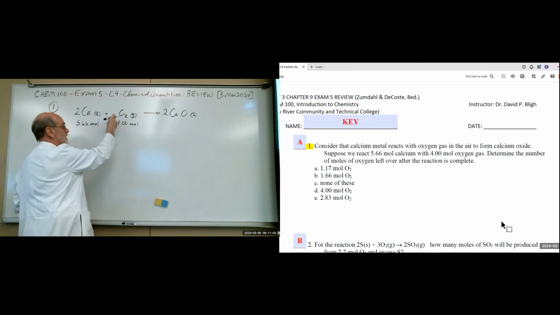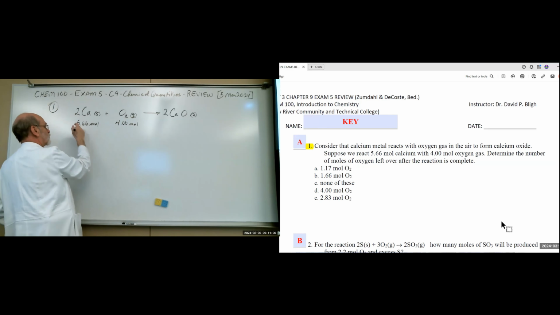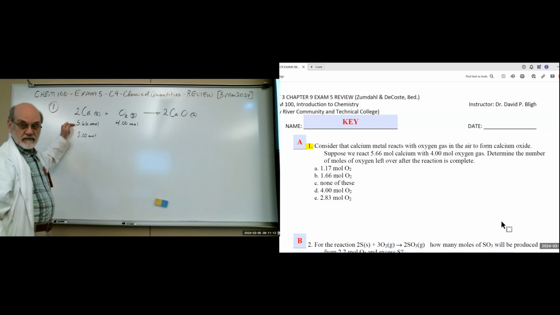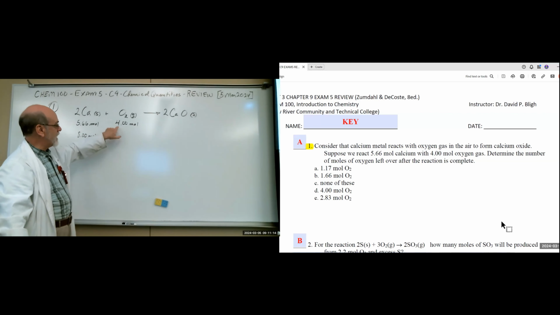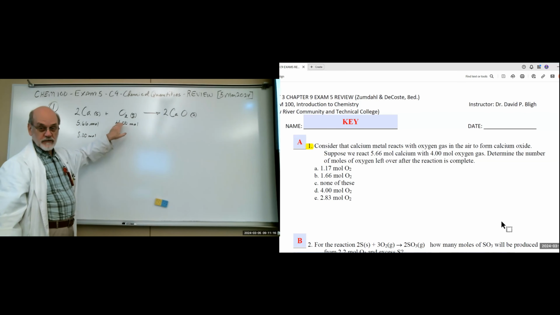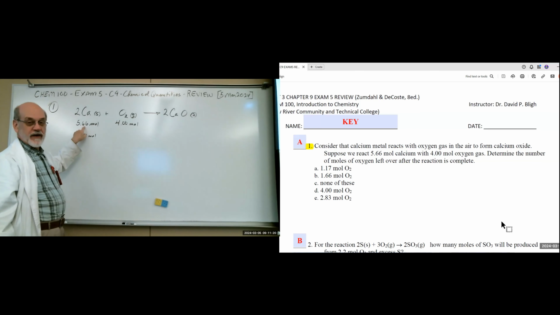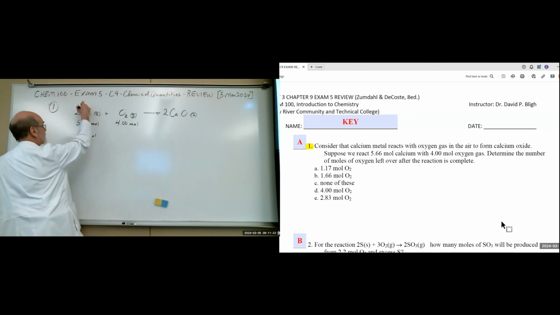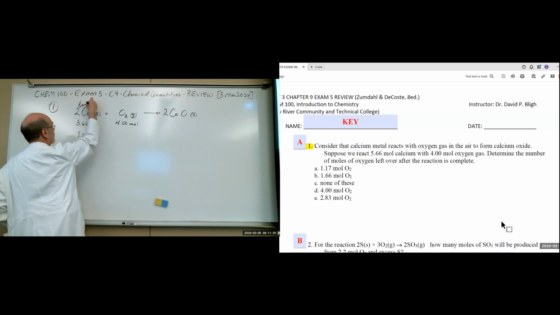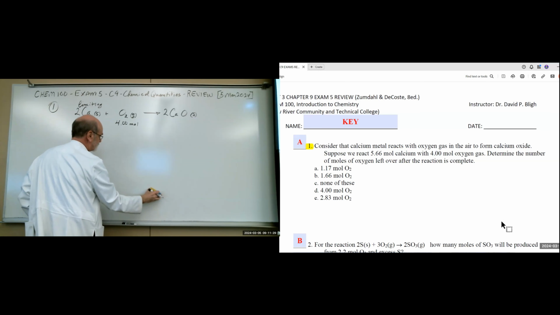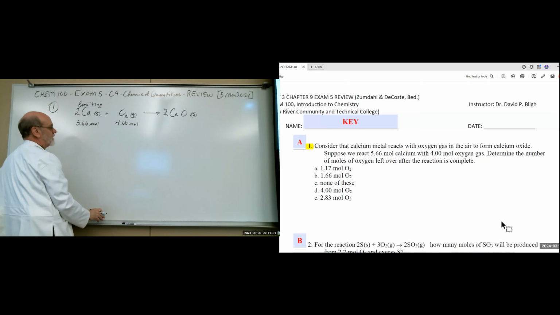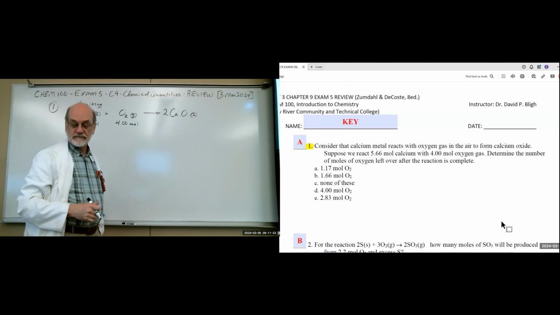If 4 moles is 1, then 8 moles would be 2. Right? We don't have enough calcium. If we wanted to stoichiometrically match the 4 moles here, we need 8 moles here. But we only have 5.66. So that means that calcium is going to run out. And we're going to have some oxygen left over.